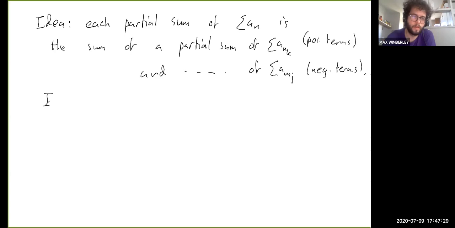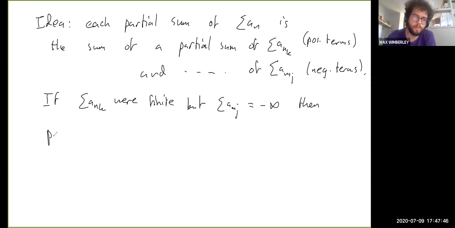Okay, so if the sum of a_nk were finite, but the sum of a_mj went to negative infinity, then the partial sums of a_n would tend to negative infinity.